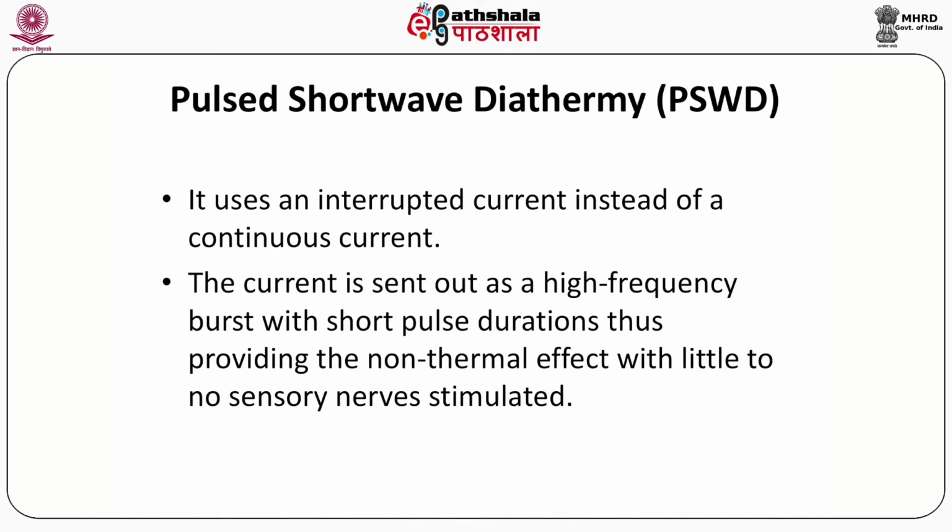Here we are not using the continuous current, we are using the interrupted current. That's why it is called pulsed shortwave diathermy. The interrupted current is sent out as a high frequency burst with short pulse duration. Thus, it provides the non-thermal effect with little to no sensory nerves stimulated.